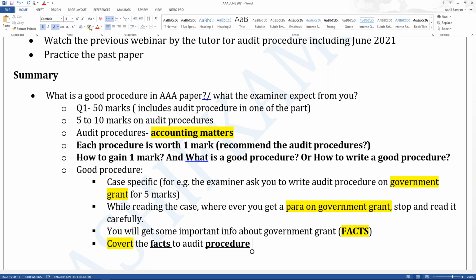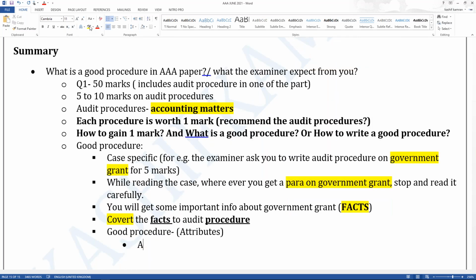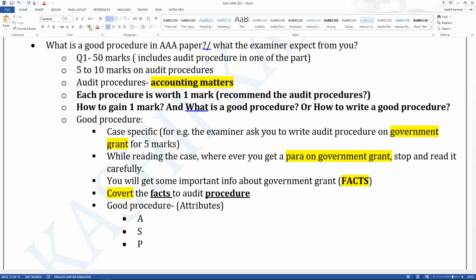Now, when you're converting the facts to an audit procedure, what is a good procedure? What should you be careful about when you're making a procedure? The attributes of a good procedure: it should have an A, it should have an S, and it should have a P. And this is from the examiner's article, which I recommended you to read.